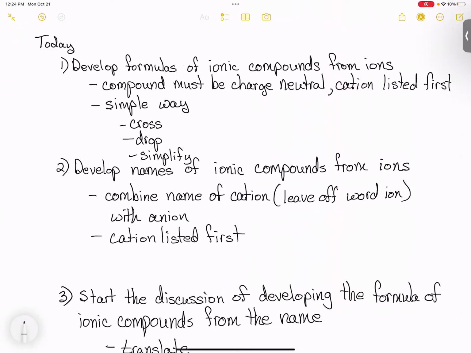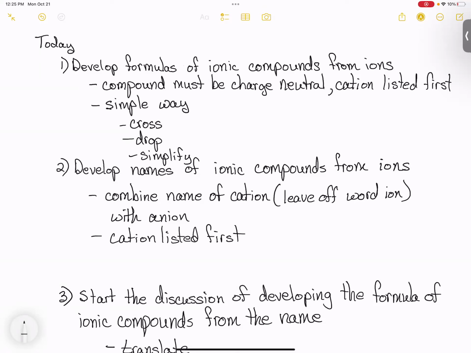The cation is always listed first in a formula. The simplest way to develop an ionic formula is to cross, drop, and simplify, where you take the numerical value on the charge and drop it on the opposite ion. Then you have to simplify, because ionic compounds must be in the smallest whole number ratio possible for their formulas.